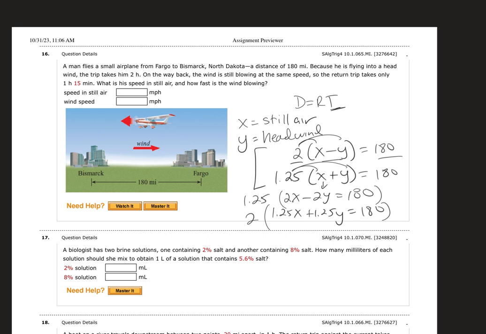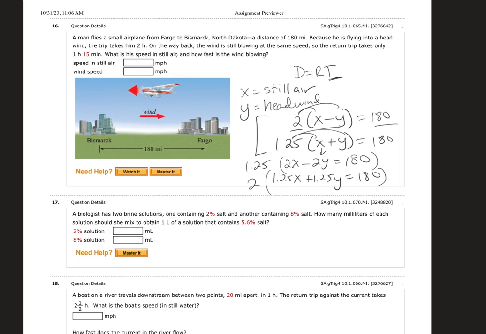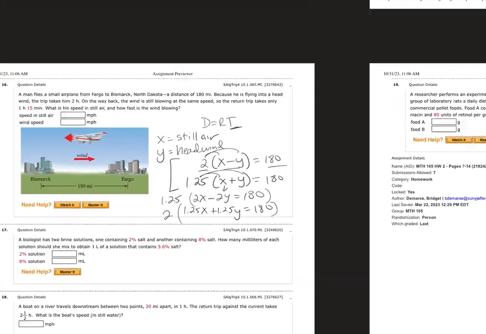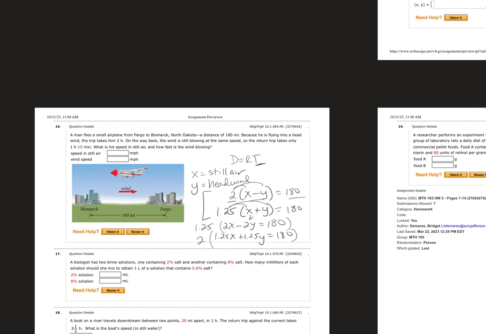And what that will give me for my new rows is, I'm going to have to go above here with this because I'm running out of room, and I'll use a different color. So taking this up here, I have 2.5x minus 2.5y equals 180 times 1.25, which I didn't do yet. 180 times 1.25, 225.